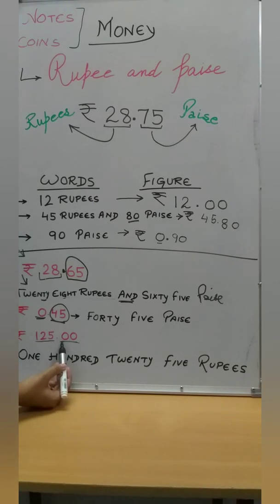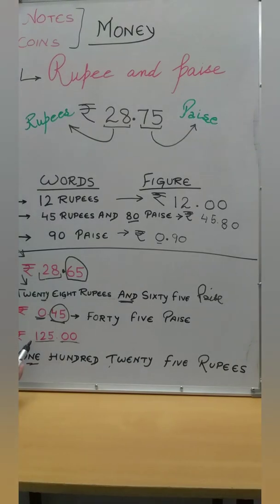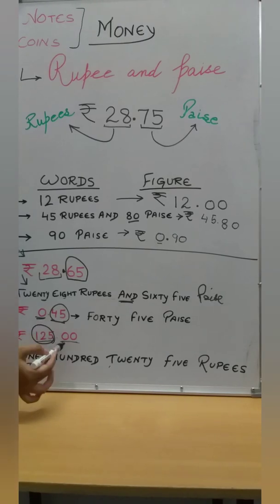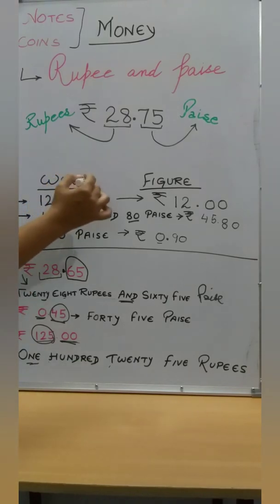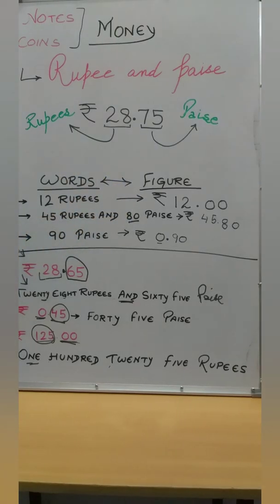So what we are going to do is write 125 rupees. And we will not mention paise because it is already 0. So this way we can change this to word form and figure form. So do more and more practice of such questions.